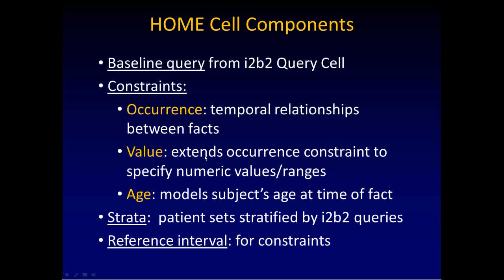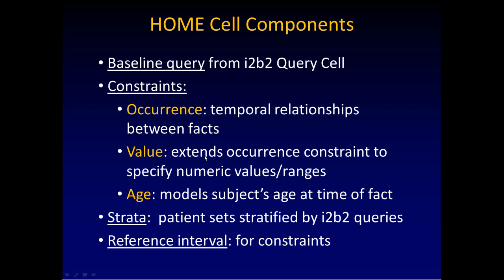A value constraint takes the value of a fact, like hemoglobin A1C, and allows you to specify whether to include patients with a value greater than this for people who are out of control, or less than something else for patients who are in control, and conditionally also relate that value to a point in time, like a visit or a reference interval or something like that.